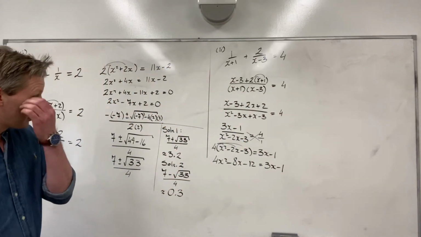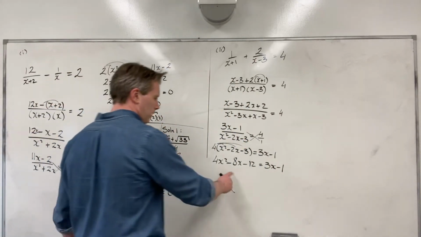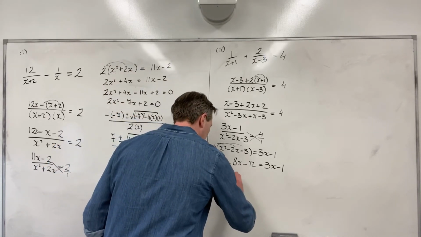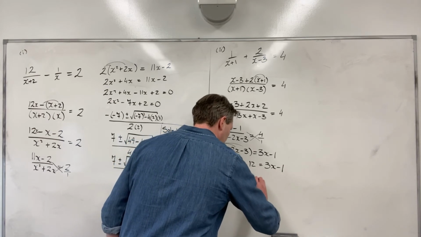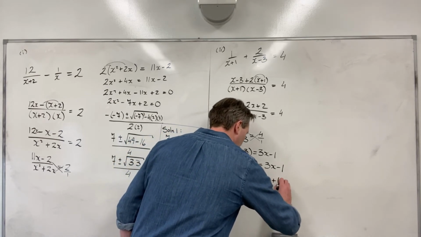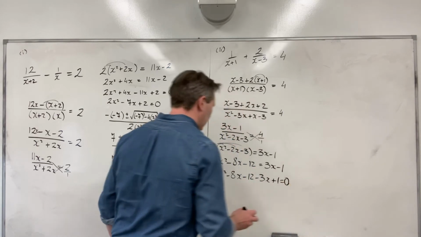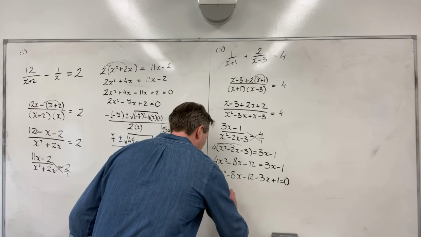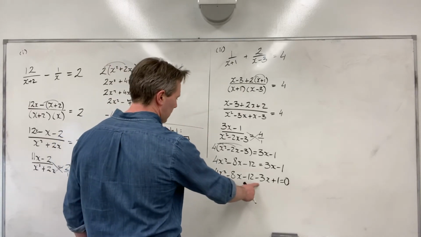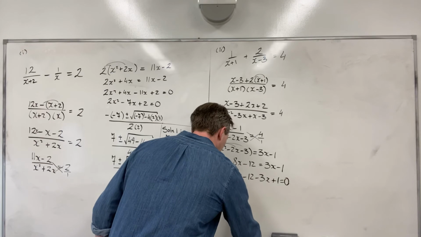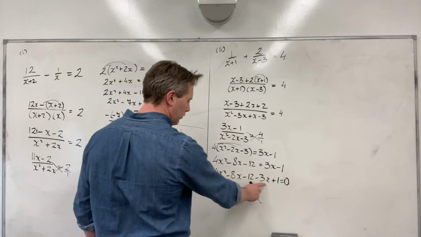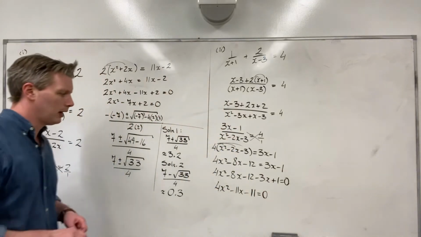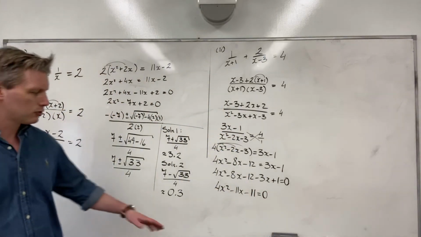I'll bring my 3x and my negative 1 to the left-hand side, subtract 3x and add 1 to both sides. I'll get 4x squared minus 8x minus 12 minus 3x plus 1 is equal to 0. Finally, adding up my like terms, I get 4x squared minus 8x minus 3x is minus 11x, minus 12 plus 1 is negative 11. That's equal to 0.